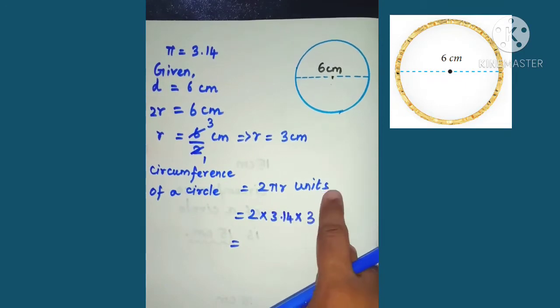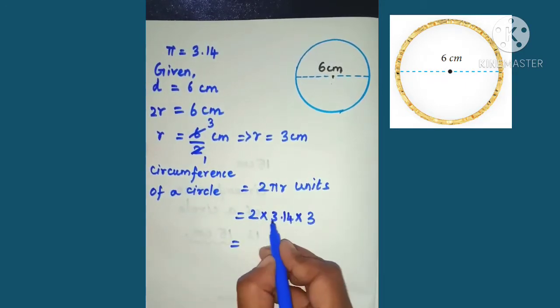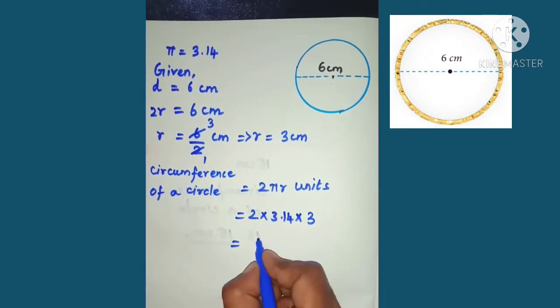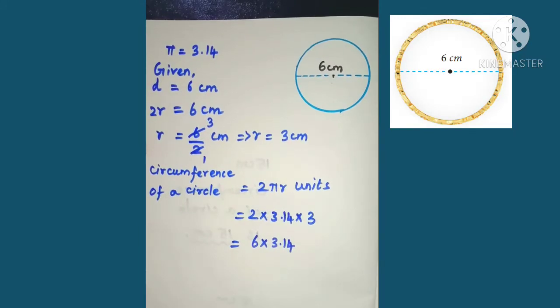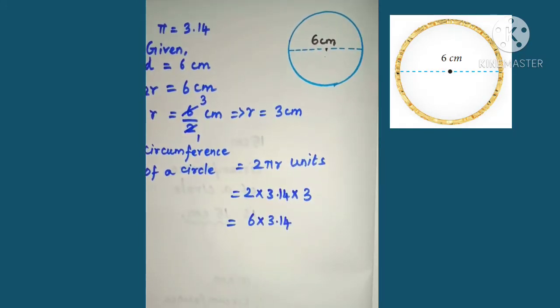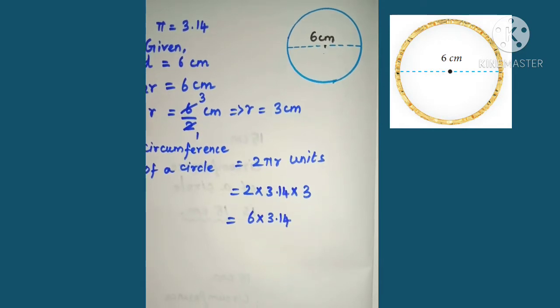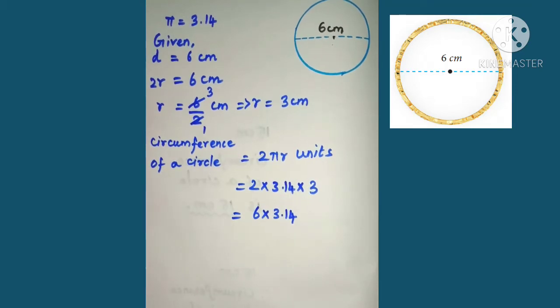Here the unit is centimeter. So 2 into 3 is 6, into 3.14. Now we have to multiply 6 into 3.14. So we know how to multiply the decimal values.